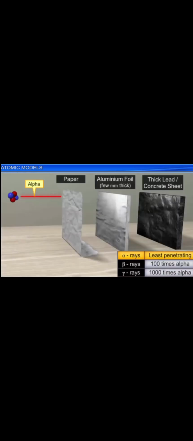Beta rays are denoted by the symbol -1e0, which consists of negatively charged particles. Gamma rays are high energy radiation which do not consist of particles and are neutral in charge, denoted by the symbol 0γ0. Here, the penetrating power of different rays is explained properly in the video, which shows alpha rays are the least penetrating and gamma rays are the most penetrating, about 1000 times more penetrating than alpha rays.